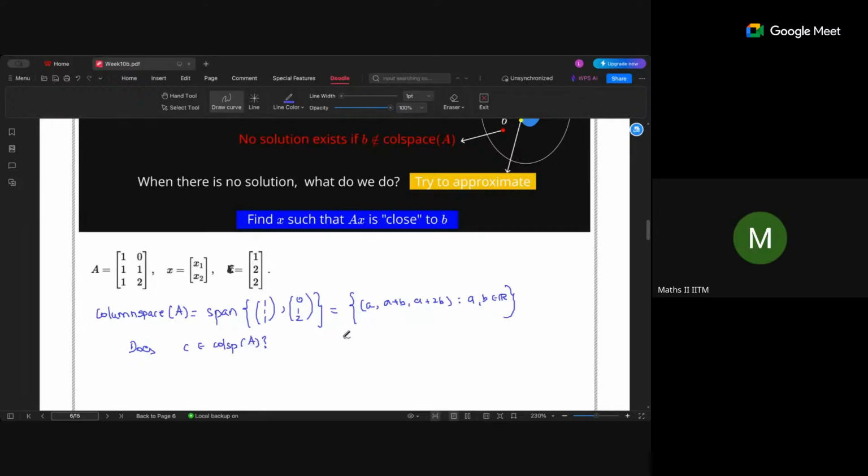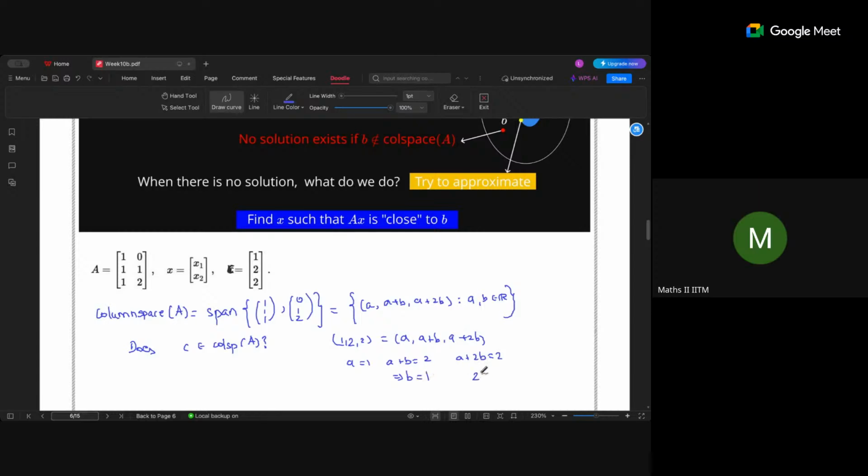How can you find? So here you see that (1, 2, 2). If I want to write it as (a, a+b, a+2b), what do I get? a is equal to 1, a+b equal to 2, and then a+2b also is equal to 2. So from here, I get a is equal to 1, so b is equal to 1.